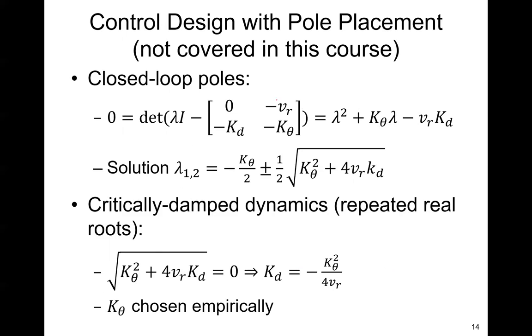And then we perform pole placement and solve for the relationship between KD and K theta to have a so-called critically damped dynamics, which essentially has zero overshoot and fast convergence to the reference.